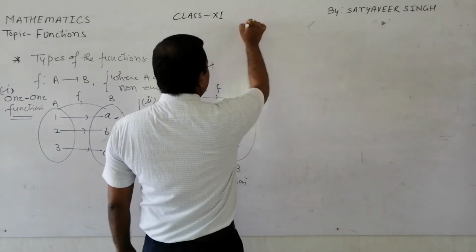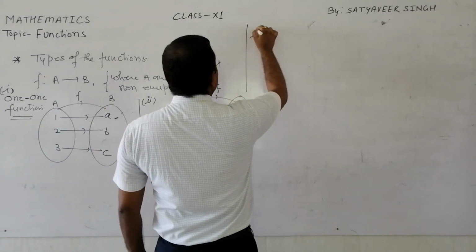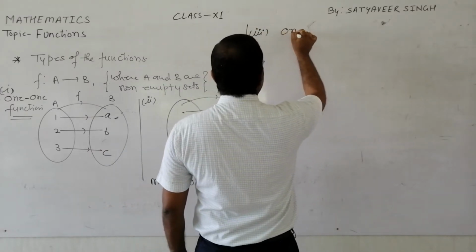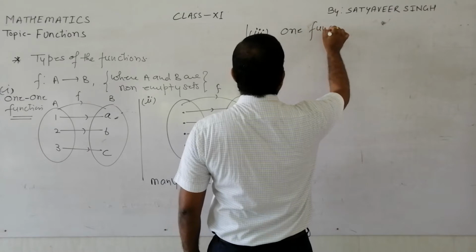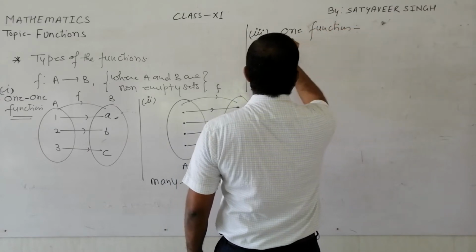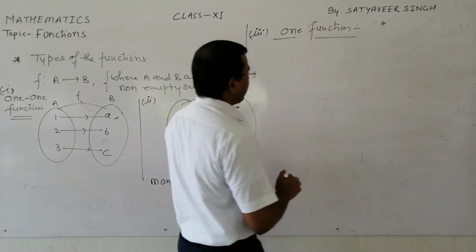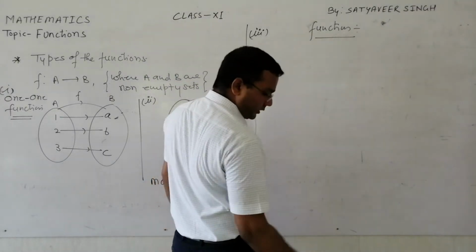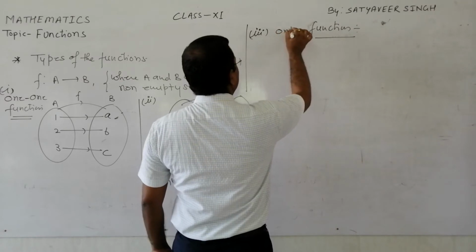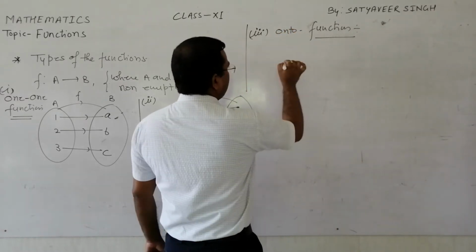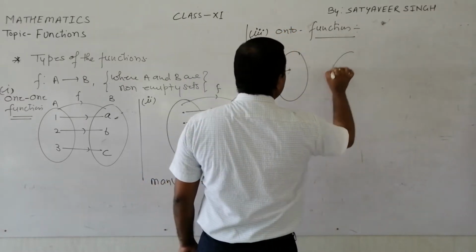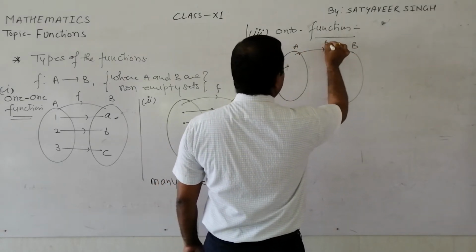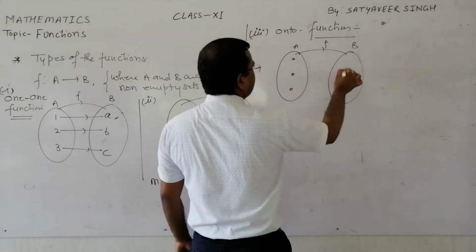Then there is the onto function. See what is onto and what is into. I have written one-one function, sorry, it is onto function. There is set A and set B, and these are the elements.